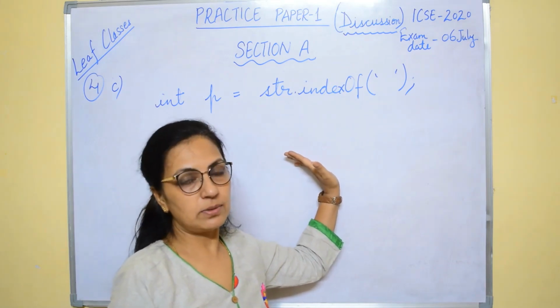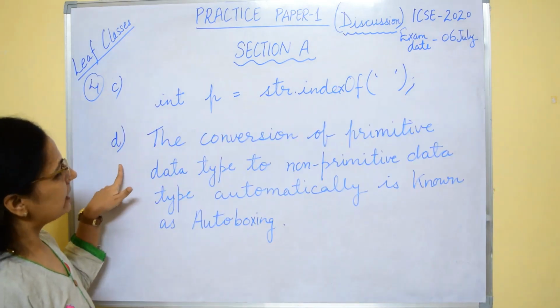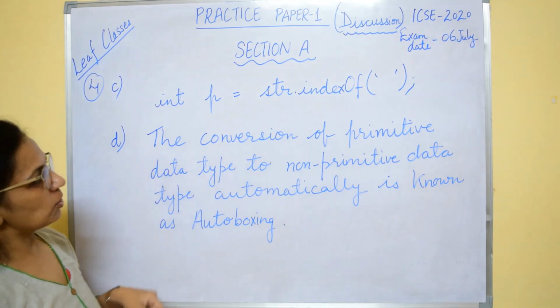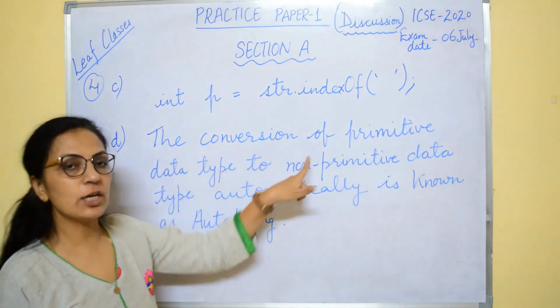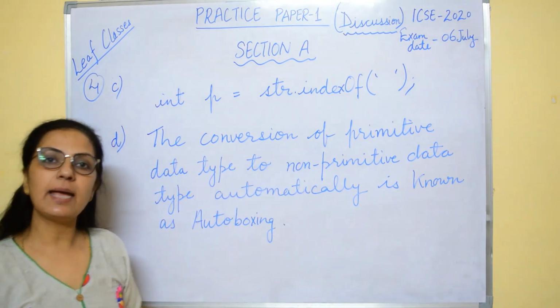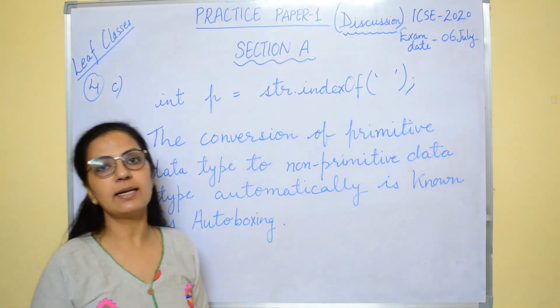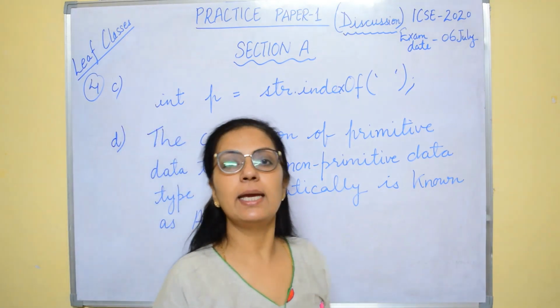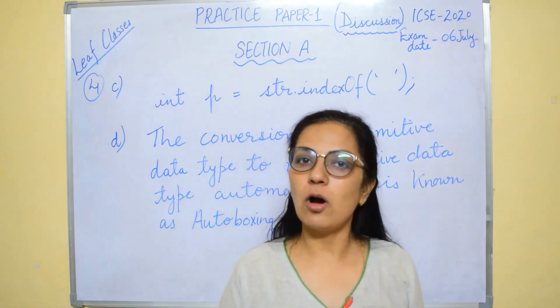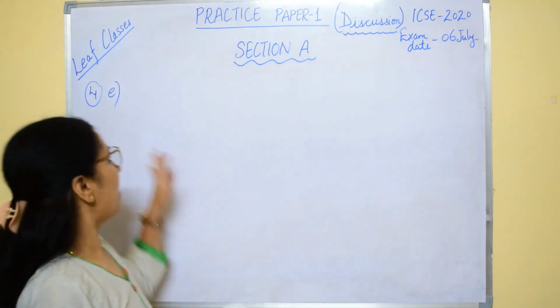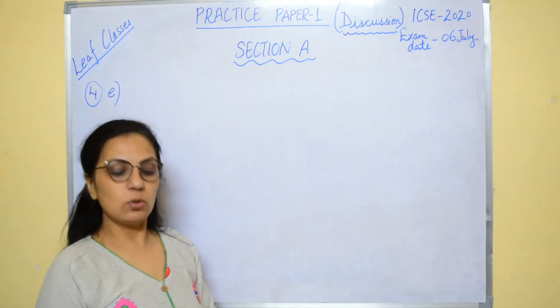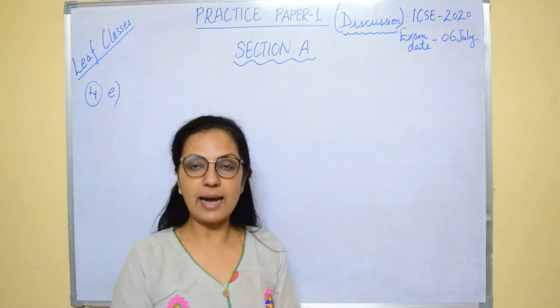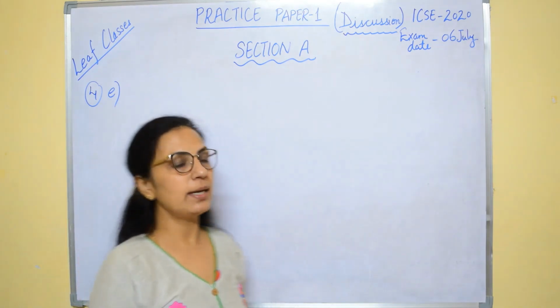D part, define autoboxing. The conversion of a primitive data type to a non-primitive data type automatically is known as autoboxing. E part, which symbol is used to initialize an array at the time of the declaration itself.